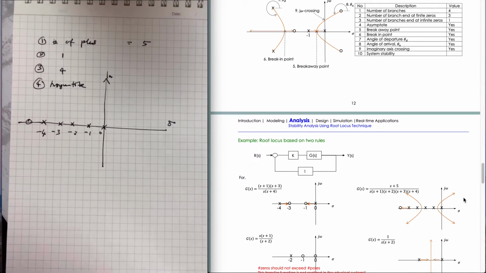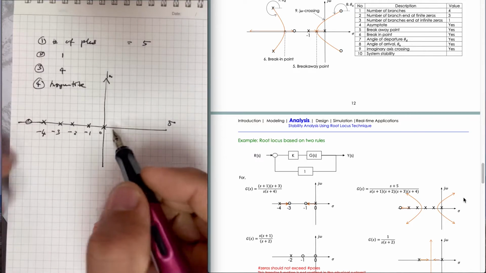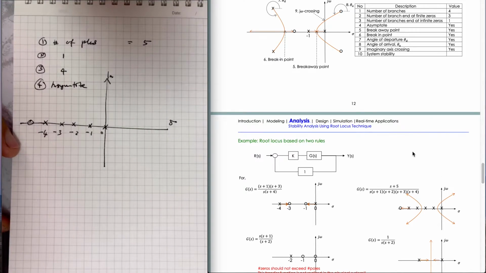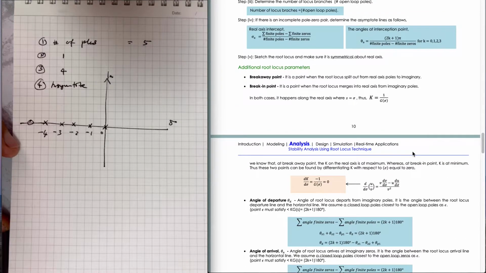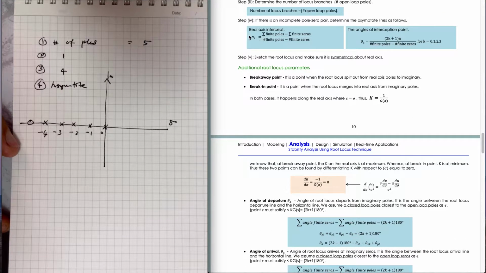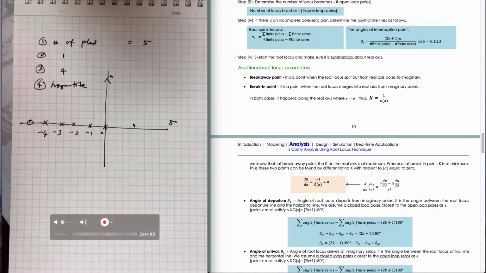Now, how to start? We go back to how to find the asymptotes. First we need to find the real axis intercept, that means the location where the asymptote lines cross the real axis. And then how many angles.